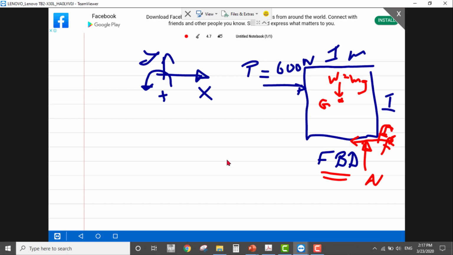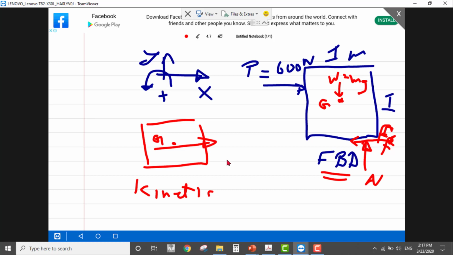Now the kinetic diagram, what do we have? We have this crate, and this crate, here is the centroid, and this centroid must translate, so it will have force in this direction, so MAG, translation only.